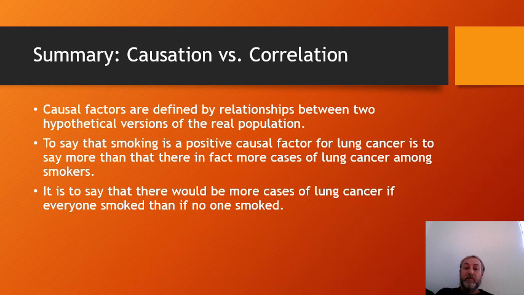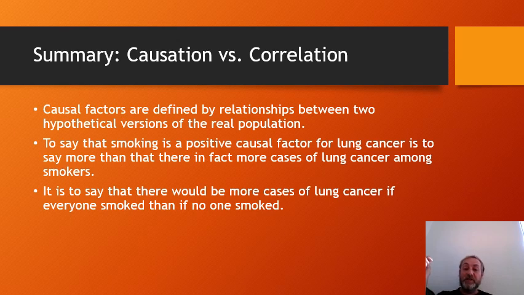And then whether it's a causal factor is to say that there's a relationship between two hypothetical versions of the real population. So to say that smoking is a positive causal factor for lung cancer is to say more than the correlation, which just says there's more lung cancer in smokers than in non-smokers.